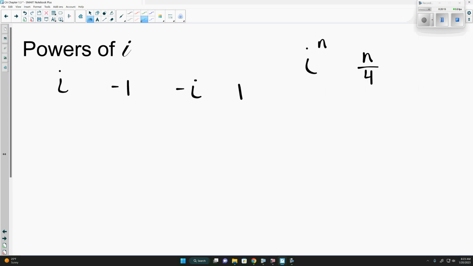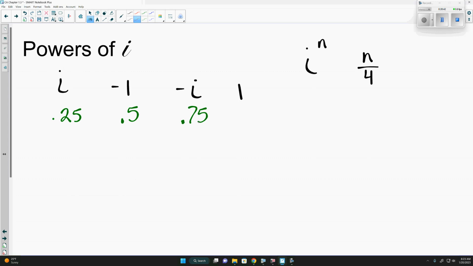And we're going to get 1 of 4 things. Because with quarters, we get 0.00, 0.25, 0.5, and 0.75. 4 values that we get. If you get 0.25 as the decimal, it's going to be i. If you get 0.5, because I normally put 0.50, but 0.5 is the same thing because the calculator normally drops the excess zeros off, we get negative 1.